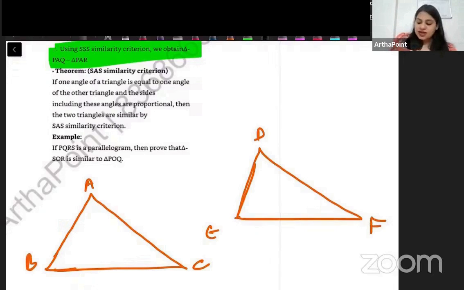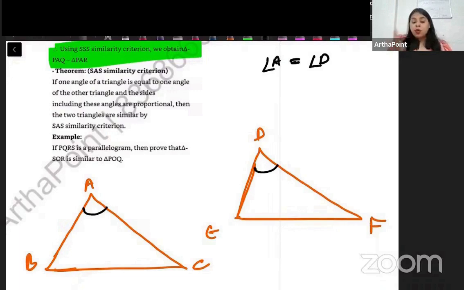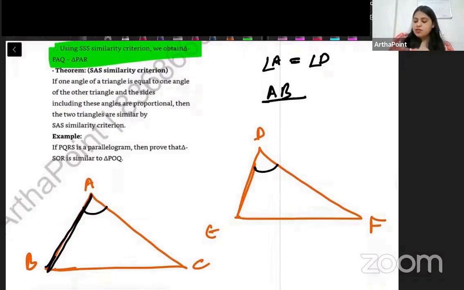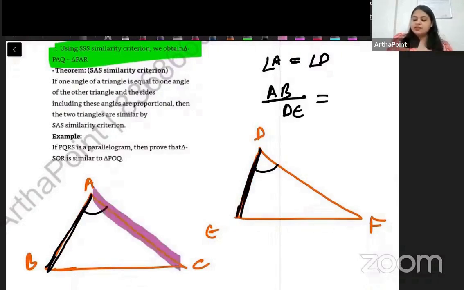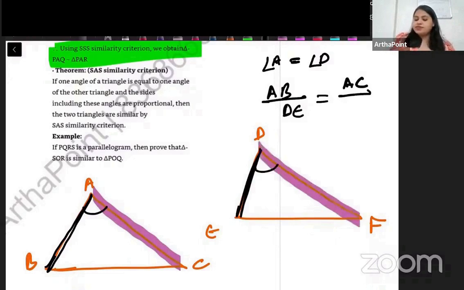But I am saying that angle A is equal to angle D. And sides are proportionate. So AB by DE is equal to AC by DF. Then these two triangles are similar to each other.